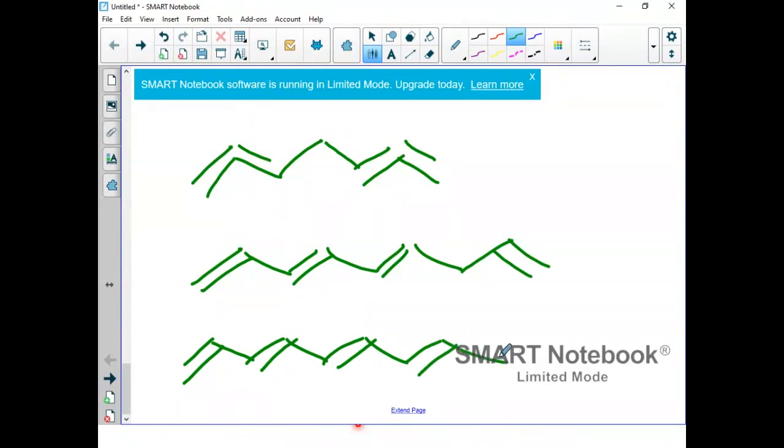Out of those three polyenes, which one has the longest lambda maxima? Which one has the shortest lambda maxima? So A, B, C. Which one has the longest lambda maxima? Which one has the shortest lambda maxima?